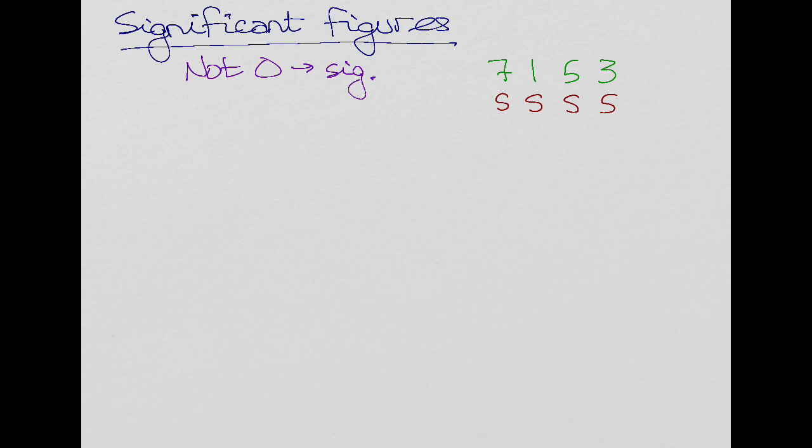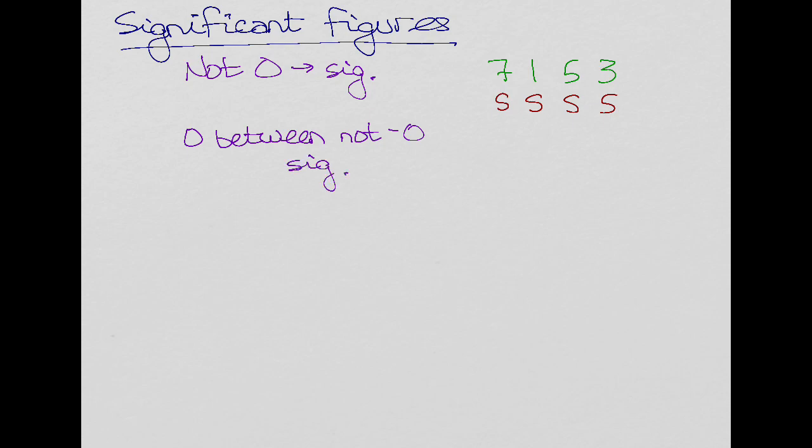If I have a zero that's between two things that aren't zero, that's significant.